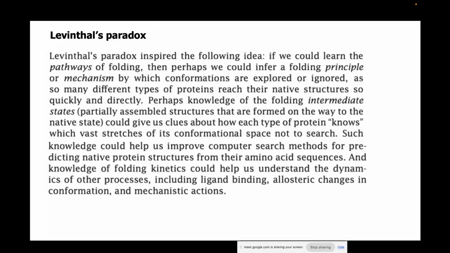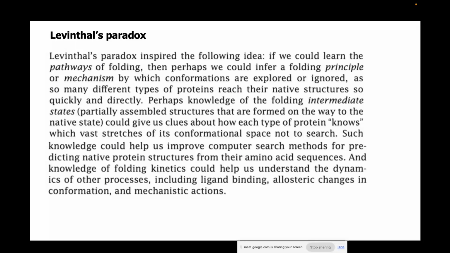So why do we want to know the possibilities of a protein folding state? We know that the protein amino acid sequence is like that, and after folding the protein is formed like that. So why do we need to know, right? It is inspired by a very important idea that if we could learn the pathways of folding, then perhaps we could infer a folding principle or mechanism by which the conformations are explored or ignored, as so many different types of proteins reach their native structures so quickly and directly.